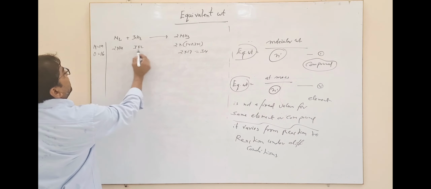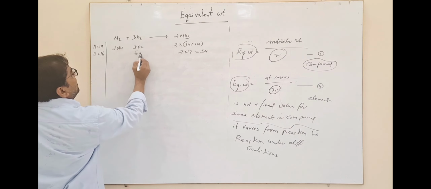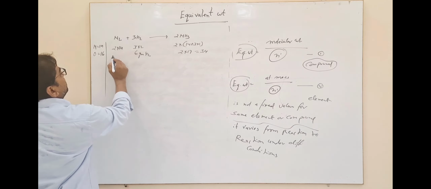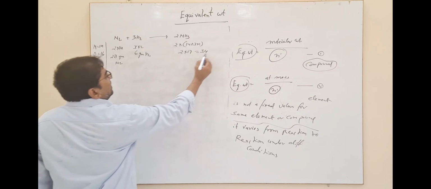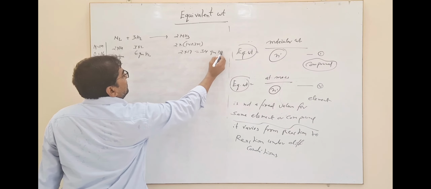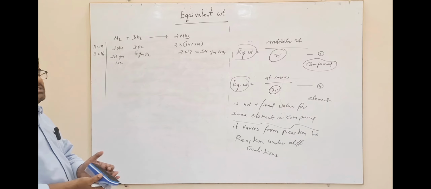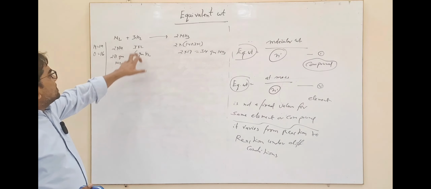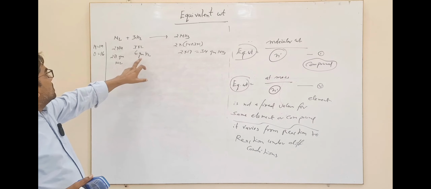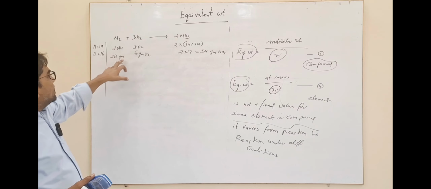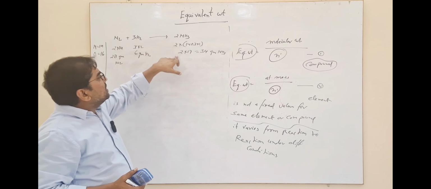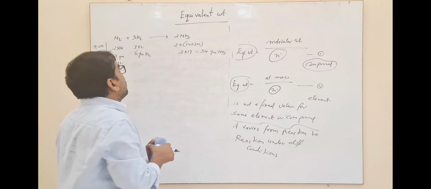So 6 gram of H2 reacts with 28 gram of N2 and gives 34 gram of ammonia.